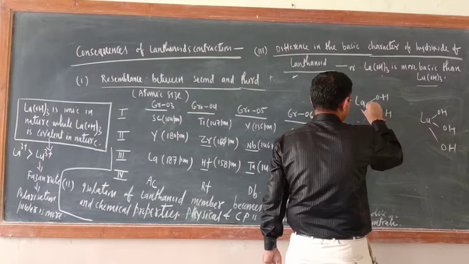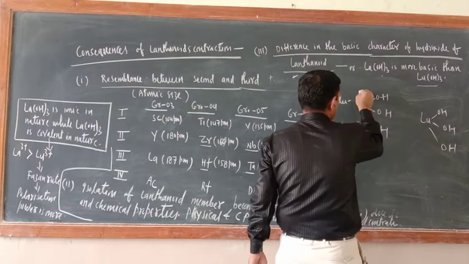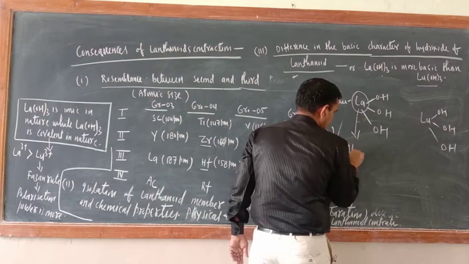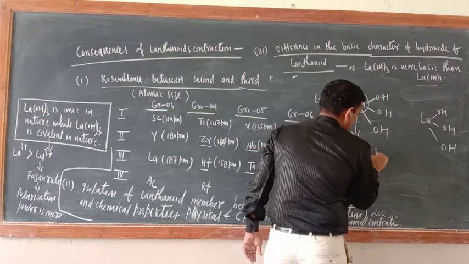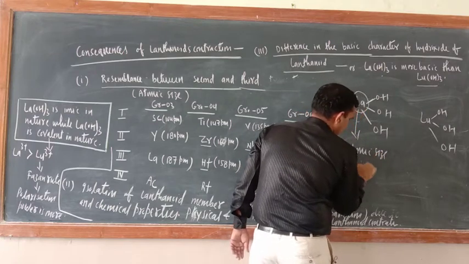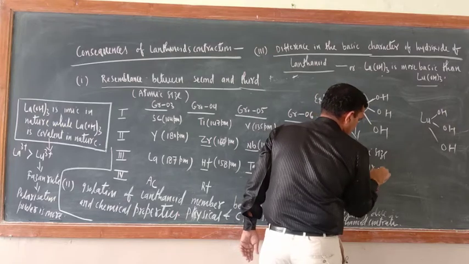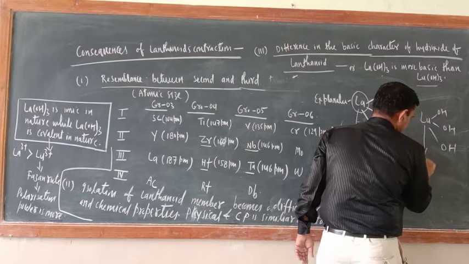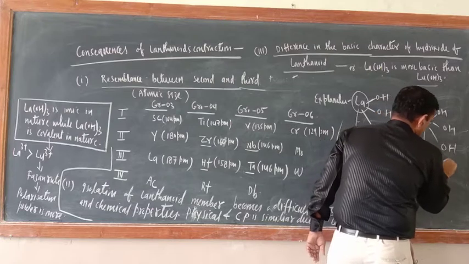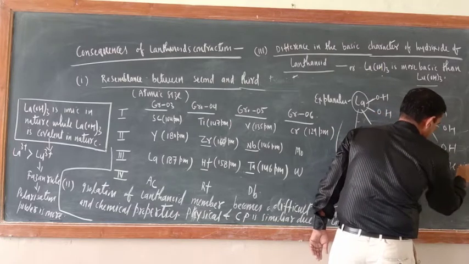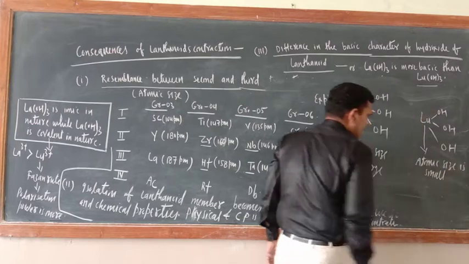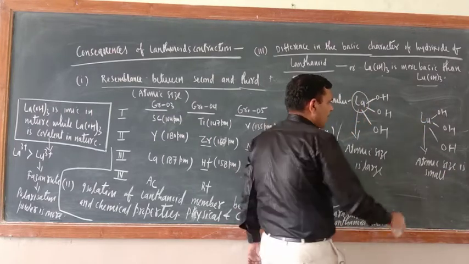Now try to understand here. Lanthanum, their atomic size is large or not? Atomic size is large. Here lutetium, atomic size is small. Atomic size is small or not? So then what would be there?